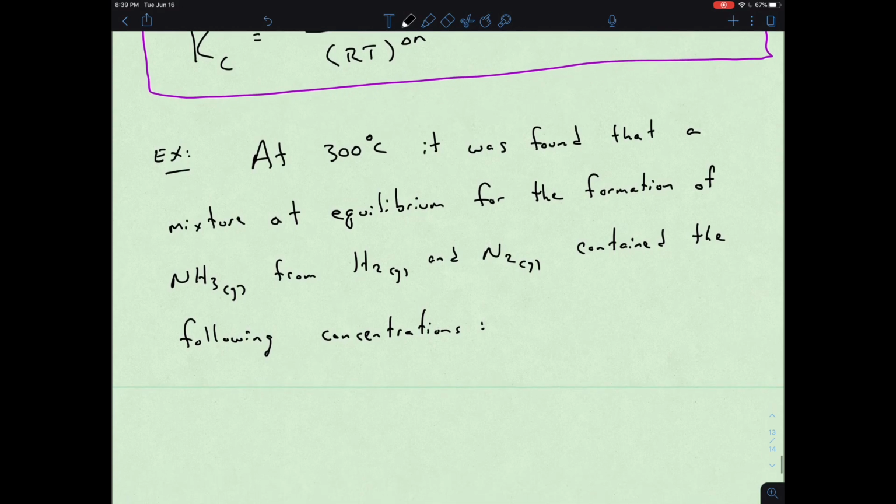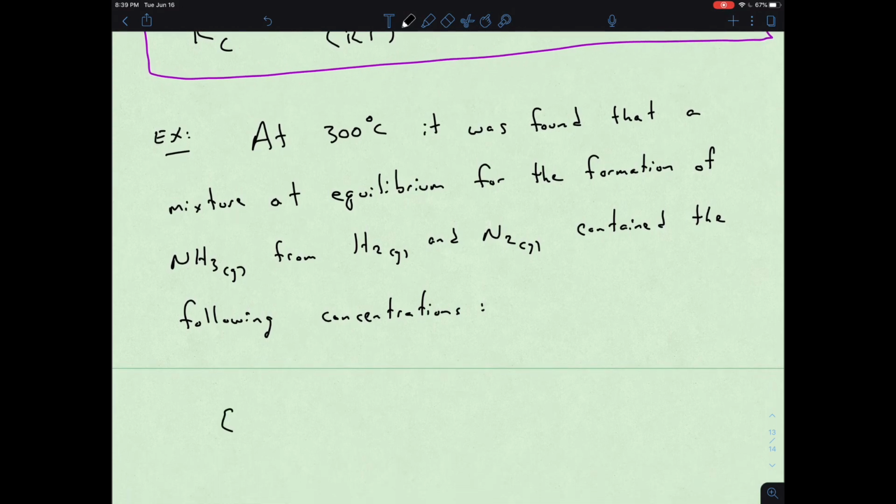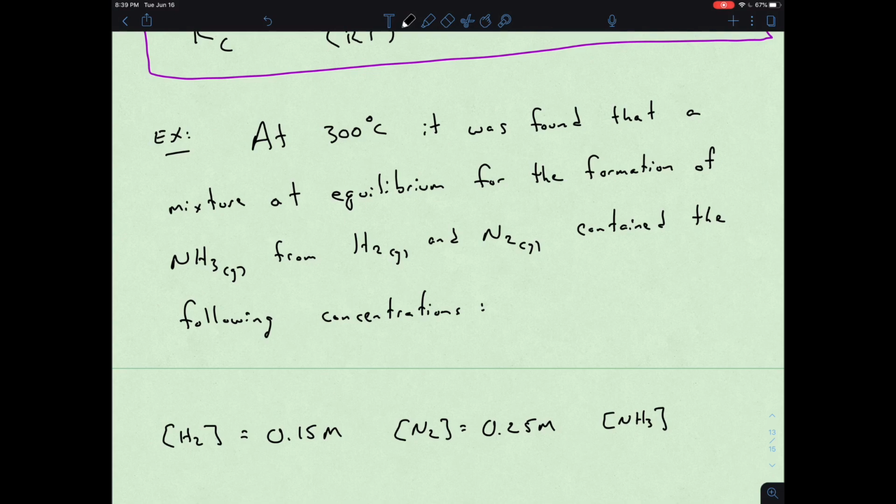We have a concentration of our H2 equal to 0.15 molar. We have a concentration of our nitrogen equal to 0.25 molar. And we have an equilibrium concentration of our ammonia, which is 0.09 molar.